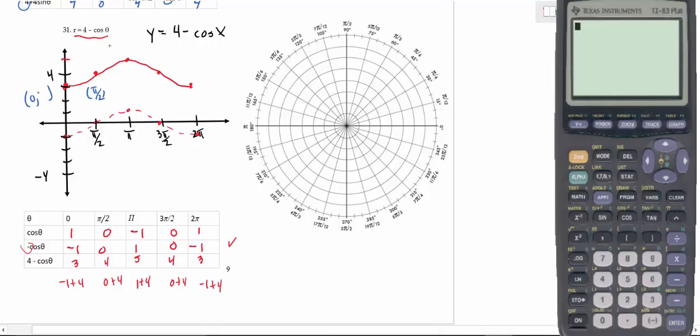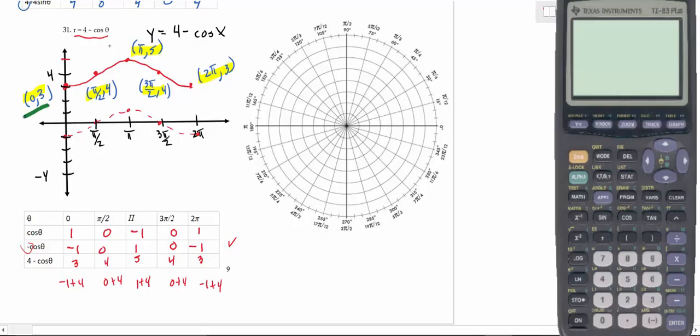So I've got 0, 3, pi over 2, 4, pi 5, 3 pi over 2, 4, and then 2 pi 3 like that. So what we're going to do is take each of these points and go to our polar grid and graph those in polar.